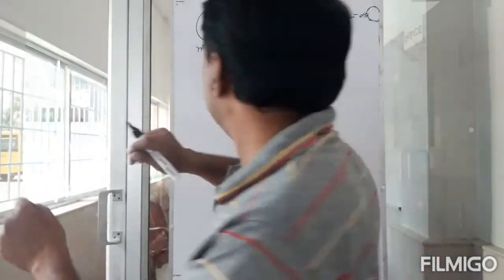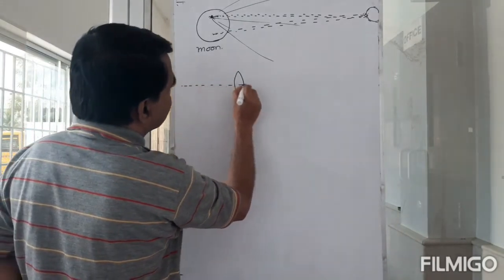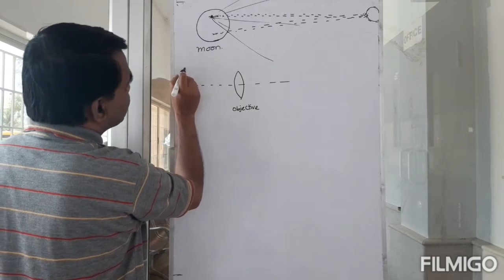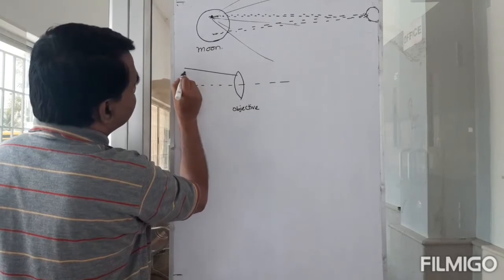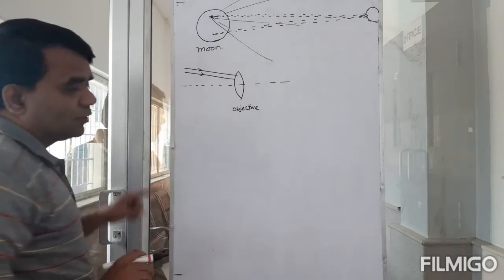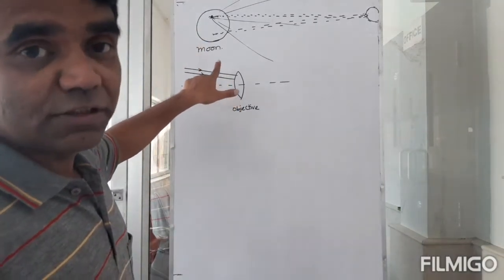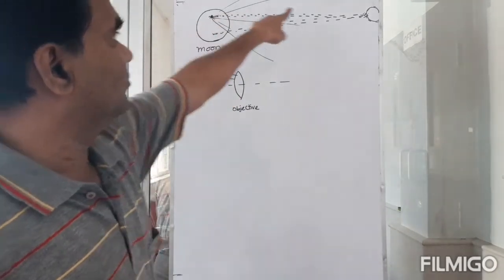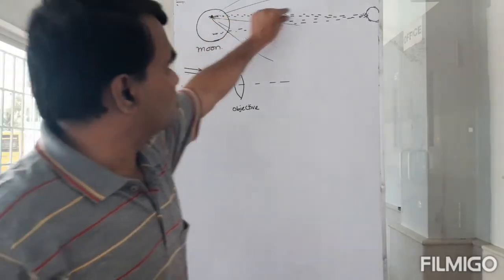If we just take a point, and let's say this is the axis, from that point the rays that come will be parallel. Notice that these are not referring to two different points. They refer to the same point on the object. So they are parallel, almost parallel.